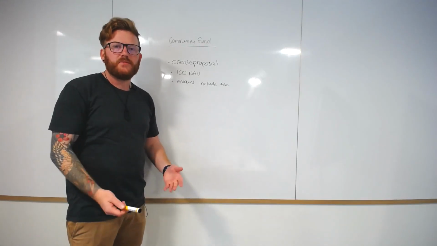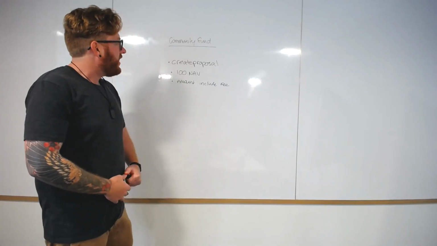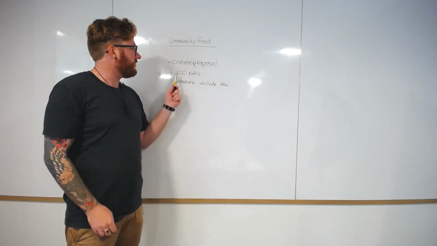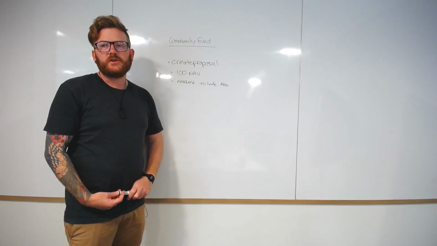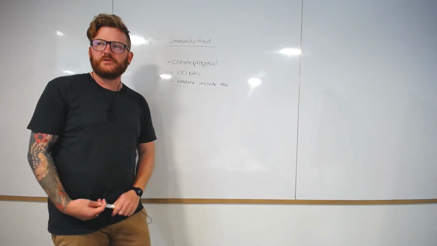That way I claim the fee back if the proposal is accepted. And if your proposal is not accepted, then this 100 NAV gets added to the community fund pool. So anyone that wants to make junk proposals can, and it'll end up being a donation to the community fund, which is awesome.